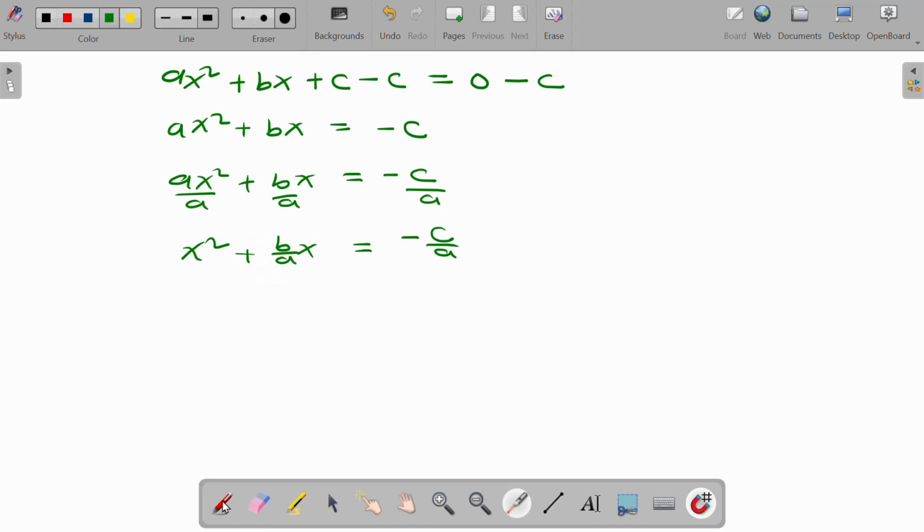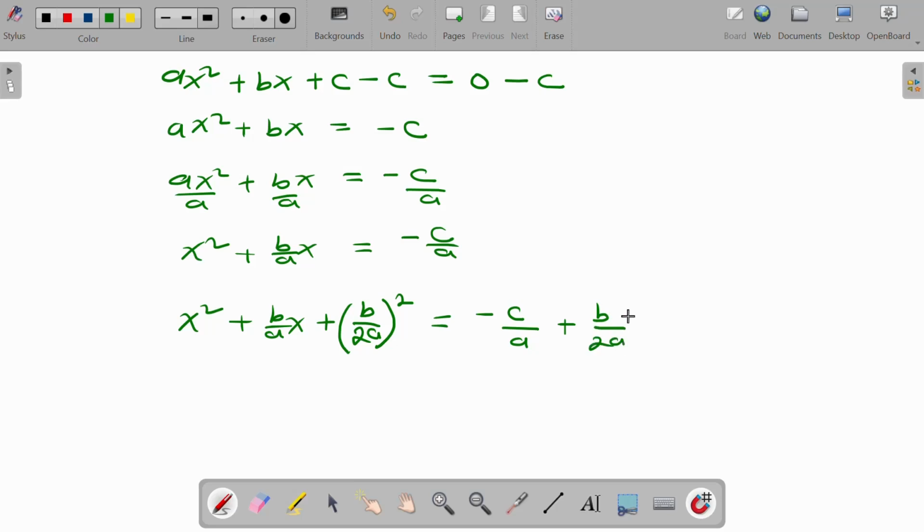So we get x squared plus b over a x plus the square of half the coefficient of x, which means b over 2a, squared, equals negative c over a plus what we have done on the left hand side, we do also on the right hand side.